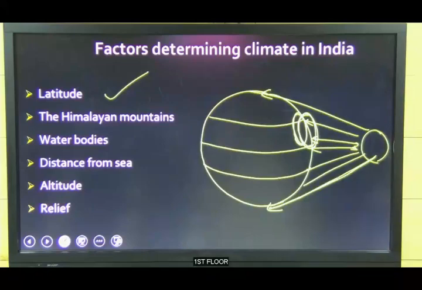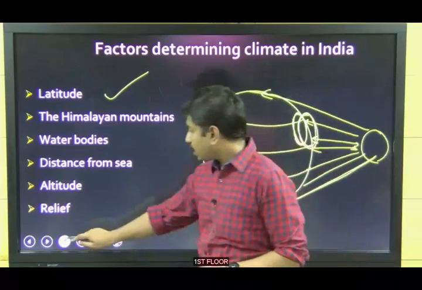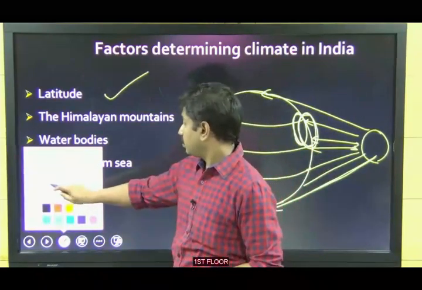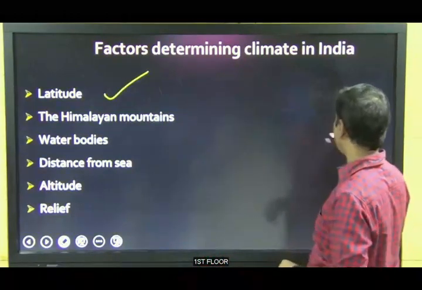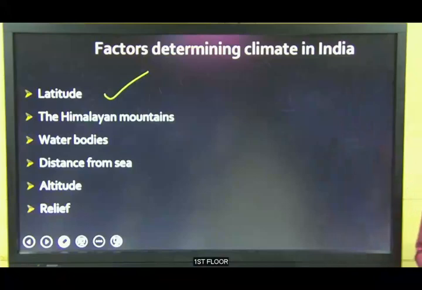And then the Himalaya, you know that Himalaya is a barrier for the polar cold winds from the northern aspect from entering into India. Himalaya is acting as a barrier. Because of that, India is comparatively warmer.